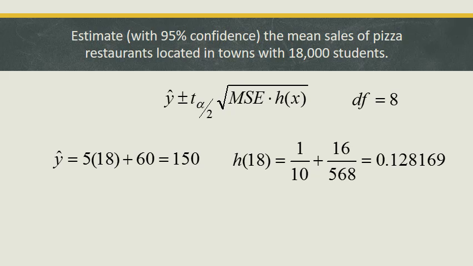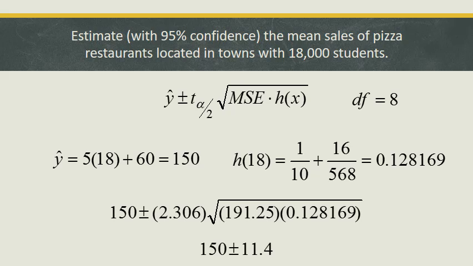Let's plug all the numbers into the formula. With 8 degrees of freedom, the middle 95% of the t-distribution is between plus and minus 2.306, so that is our t-value. You can verify that in the t-tables. And we end up with this interval.